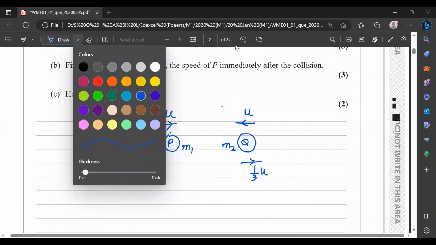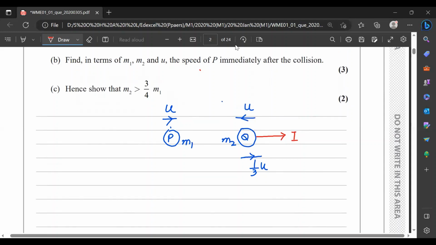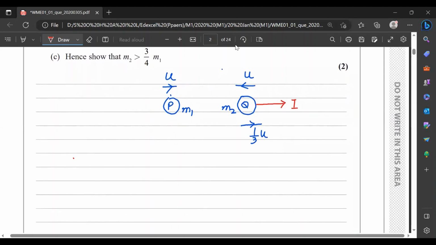For this, I can consider any particle. Let us consider Q. Here is the impulse, obviously in this direction when they collide. Impulse, as we know, is the change of momentum.